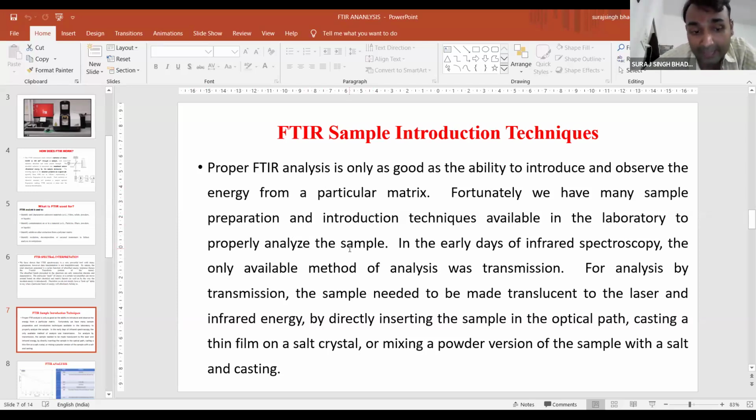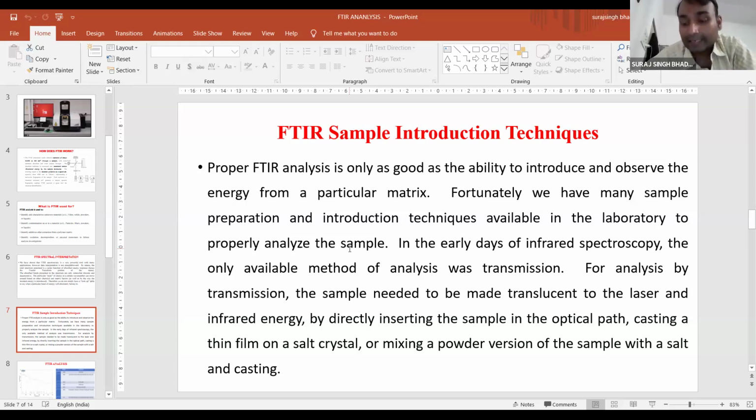We analyze the transmission of a laser or infrared energy. This energy is used in our optical pathway, and our film and salt crystal, or any type of mixing powder sample, salt and casting sample.